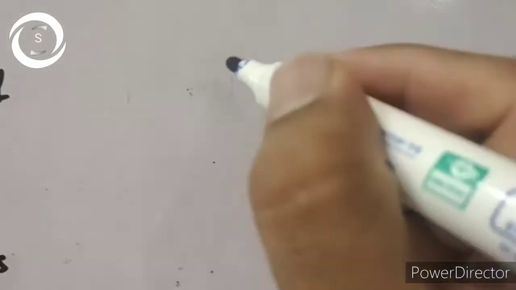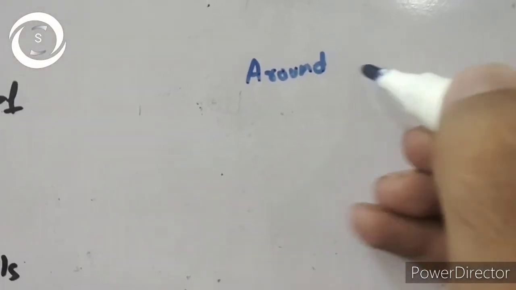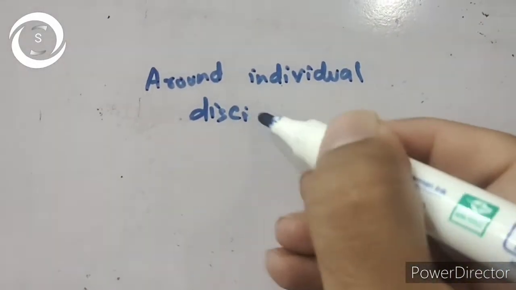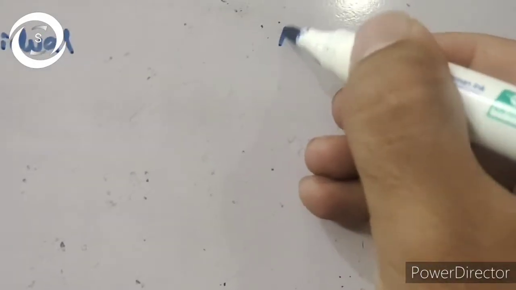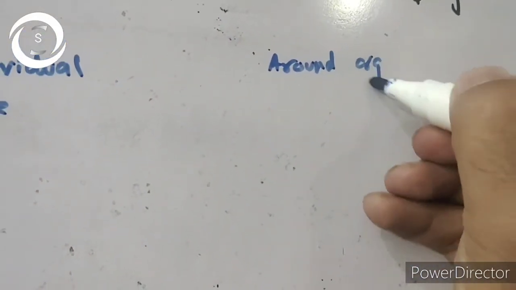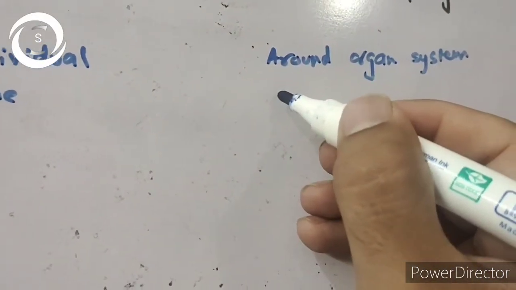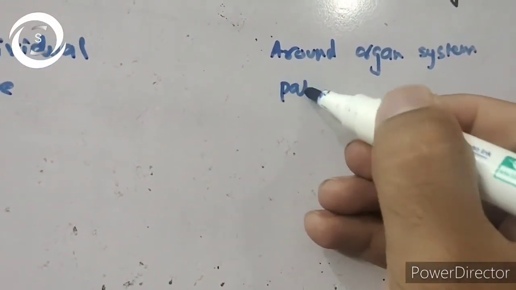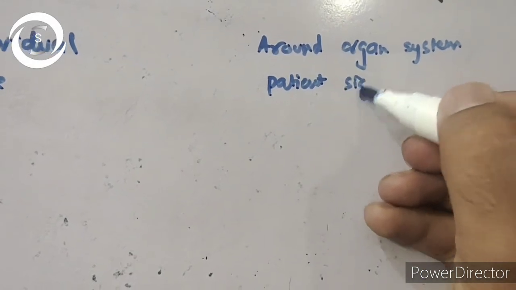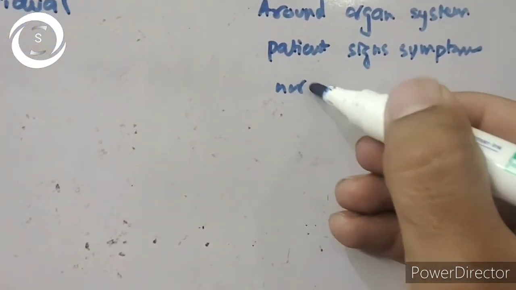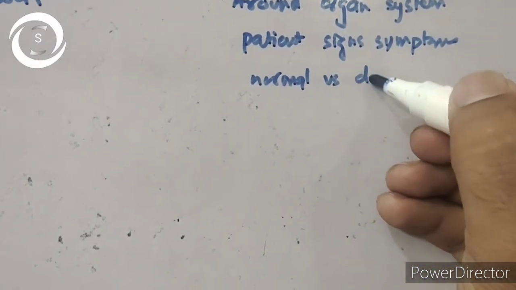Then organization of concept. In discipline based, it is around individual disciplines. In organ based, it is around organ systems, abnormal versus normal, and clinical features, signs, symptoms.